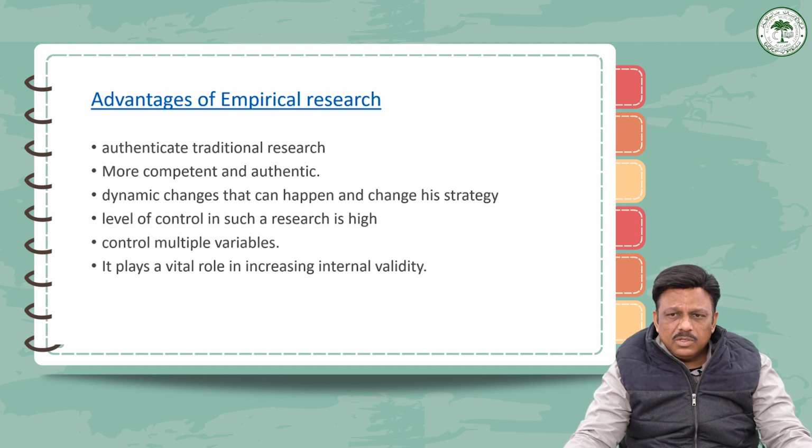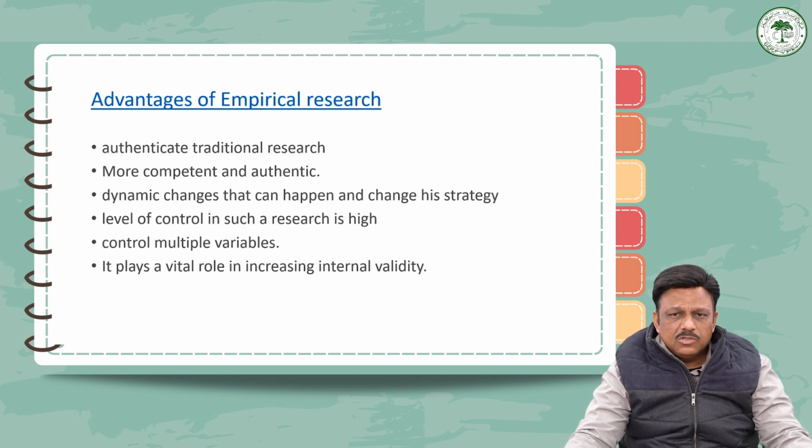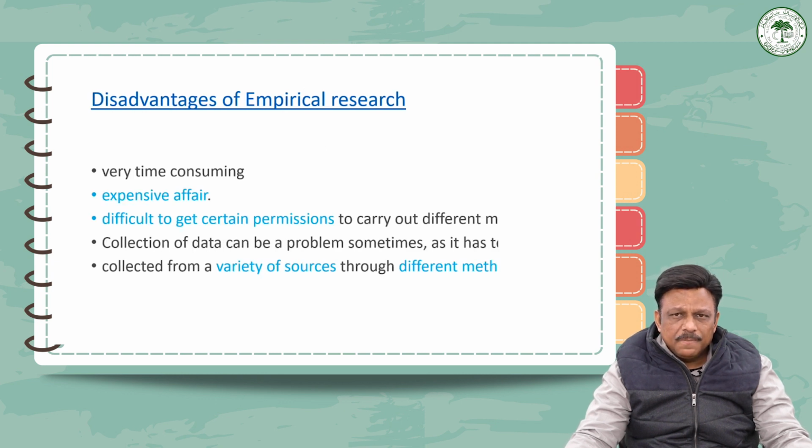The level of control in such research is high on the researcher's part, so he can control the multiple variables and see their cause and effect relation. It plays a vital role in increasing internal validity, that is, the acceptability of the research.